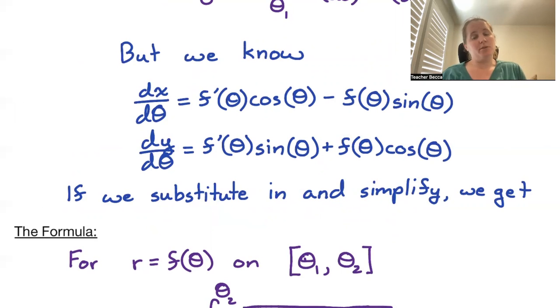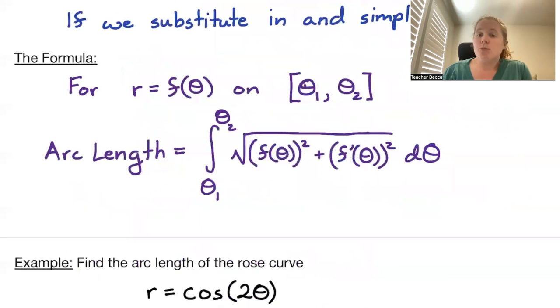Again, sine squared plus cosine squared is 1, gives us just that f squared term. And then the middle stuff cancels out since we have the minus in one case and the plus in the other. So we do wind up getting this fairly simple formula that does not require us to parameterize our polar equation first.